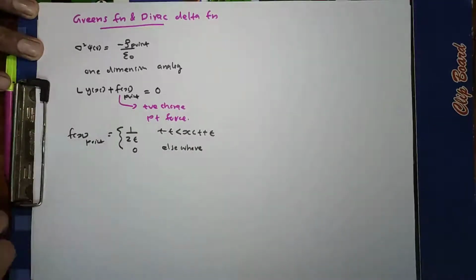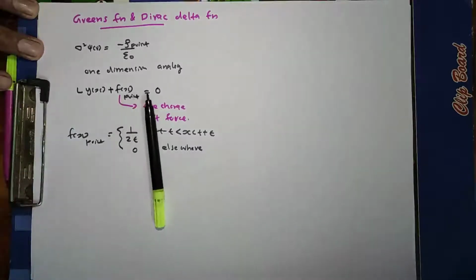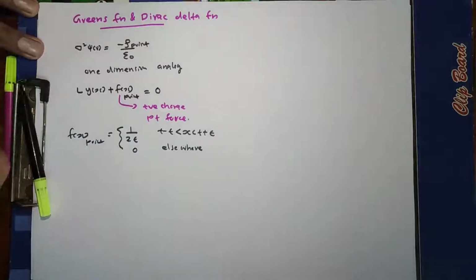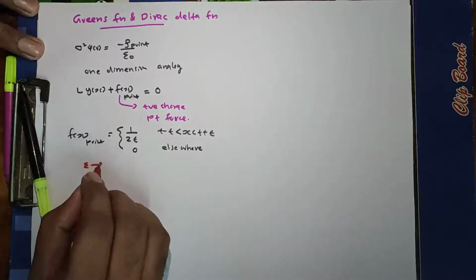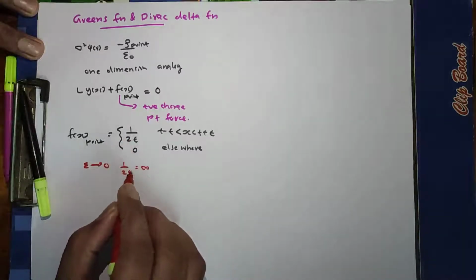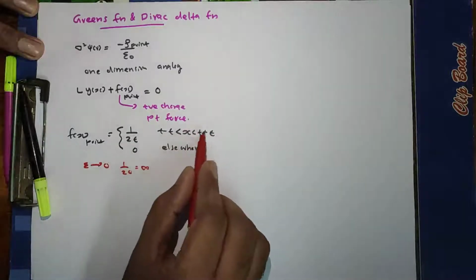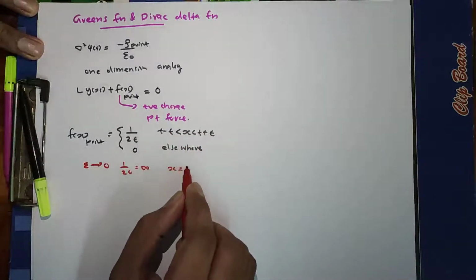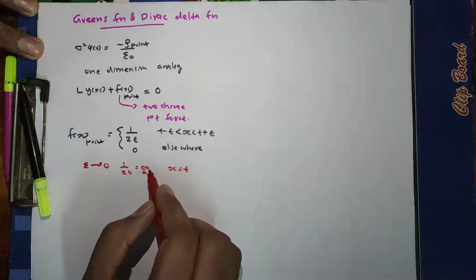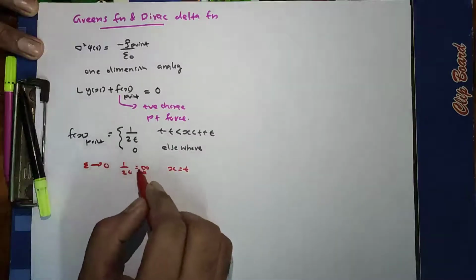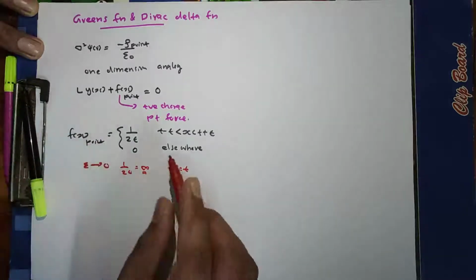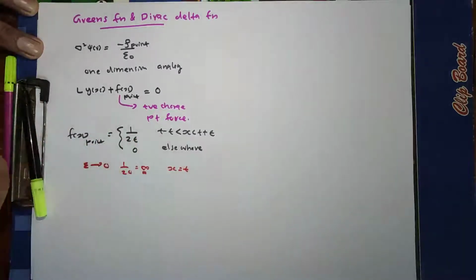This representation holds in the limit epsilon goes to 0. As epsilon goes to 0, 1 by 2 epsilon becomes infinity, so at x equal to t, f of x point is infinity and 0 elsewhere. This characteristic is that of the delta function. So essentially I am representing f of x by a representation of the delta function.